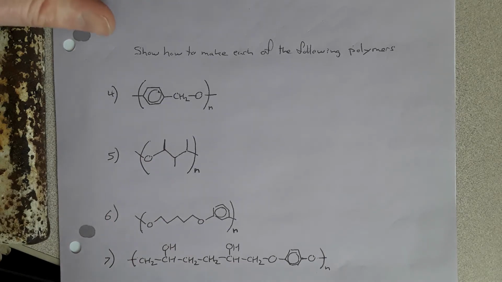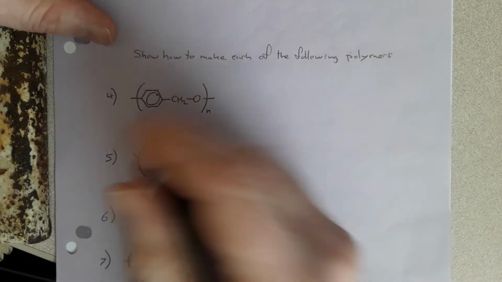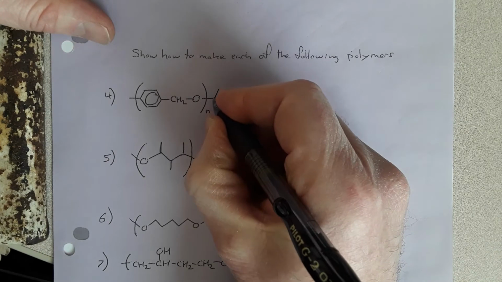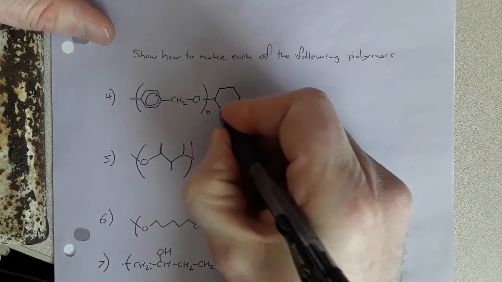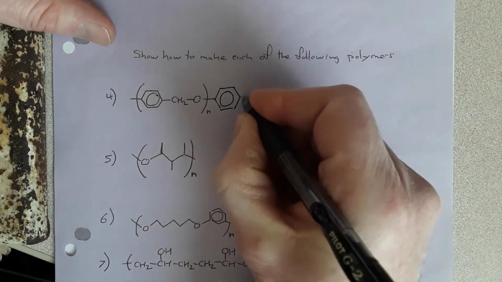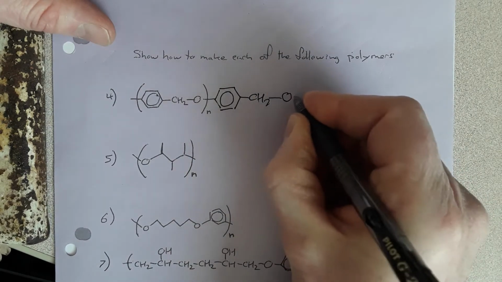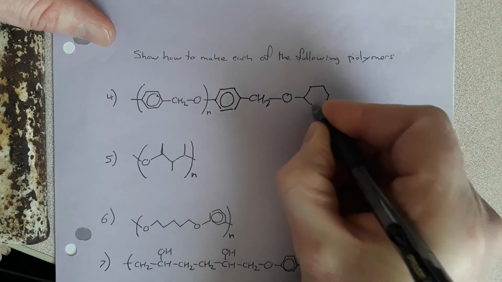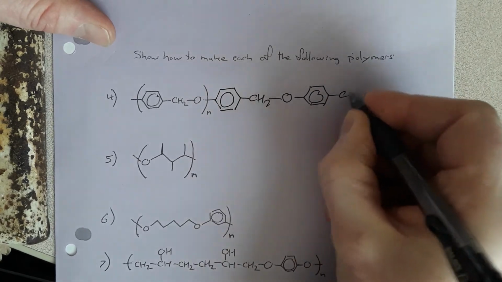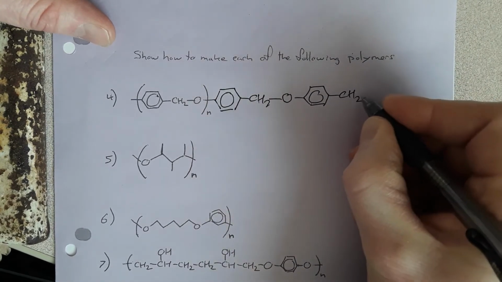And the first thing that I would do is to get a better idea of what's going on here, to show another repeat unit or two, so we can see what is going on here. What does the polymer really look like?